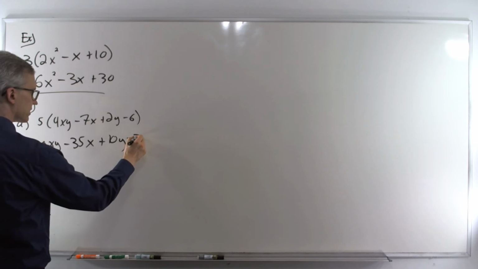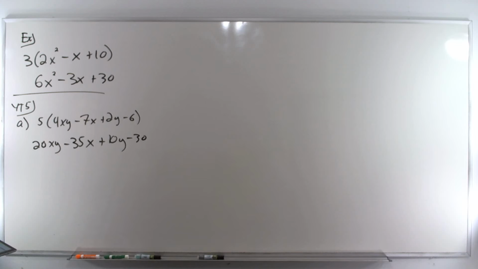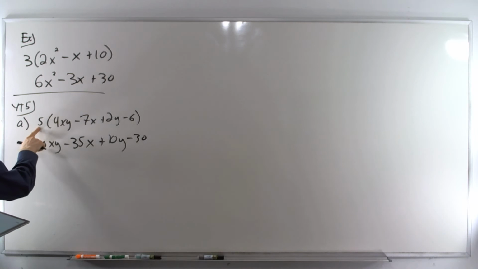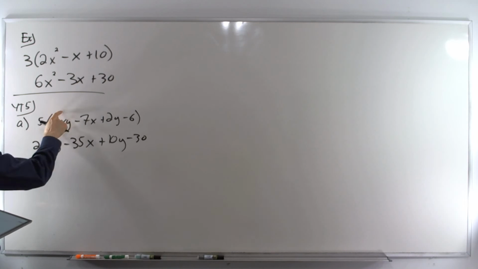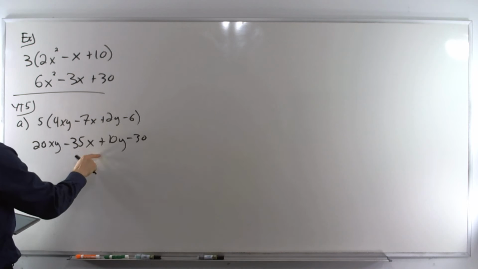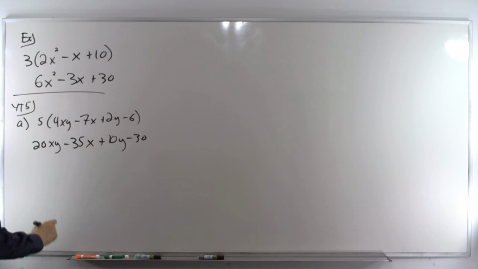And 5 times negative 6 is negative 30. I'm going to do a sign check. We're distributing a positive value, so the signs stay the same. Positive, positive, negative, negative, positive, positive, negative, negative. It's a good thing to do after every problem like that.